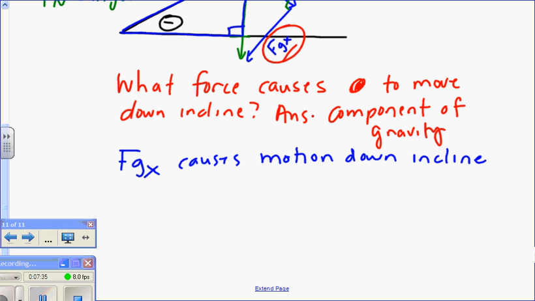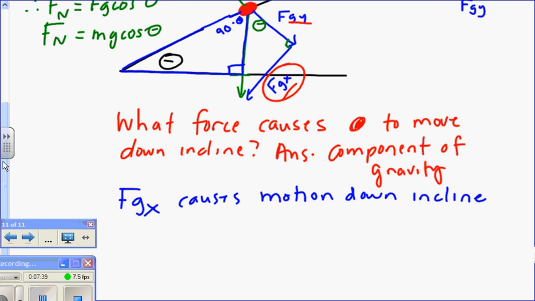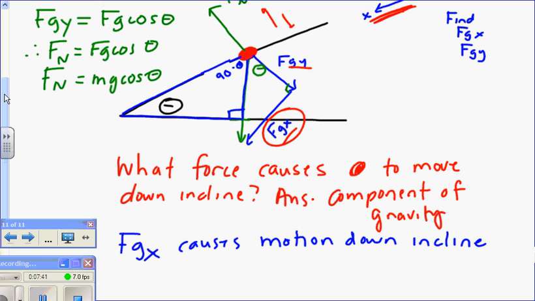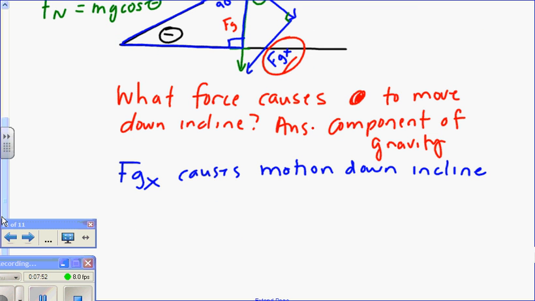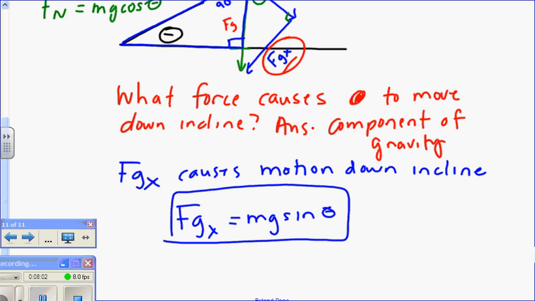If you were to analyze that triangle, you would see that the x component of gravity is F_G, opposite the angle, F_G sine theta, or mg sine theta. So whenever you're dealing with an inclined plane problem, the force pulling it down the inclined plane is mg sine theta.